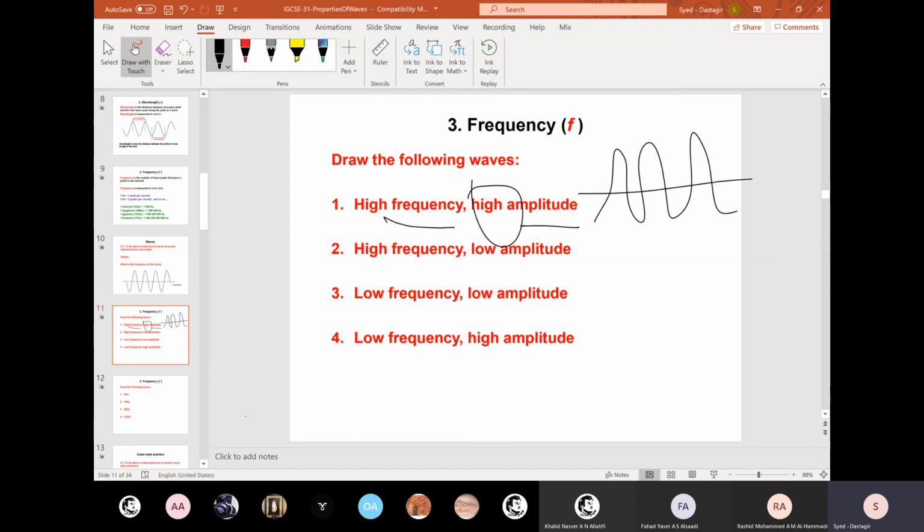Also, I want you to label each part. So complete that now. Let's give you 2 minutes. Once you've finished, just give me a thumbs up in the comments. So you can have a go now.